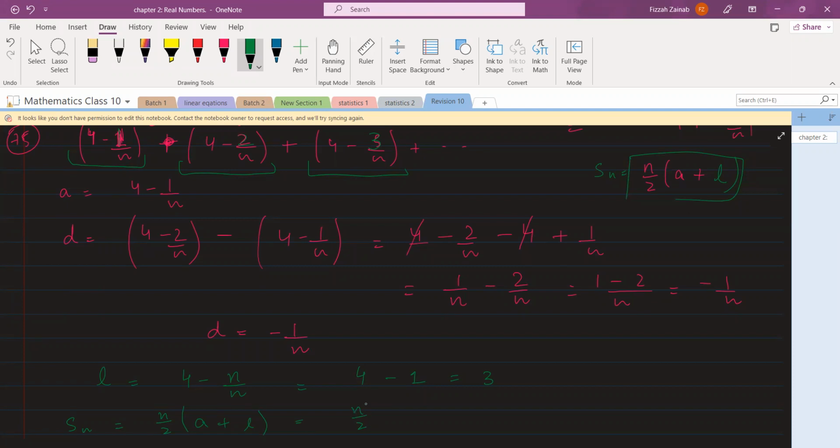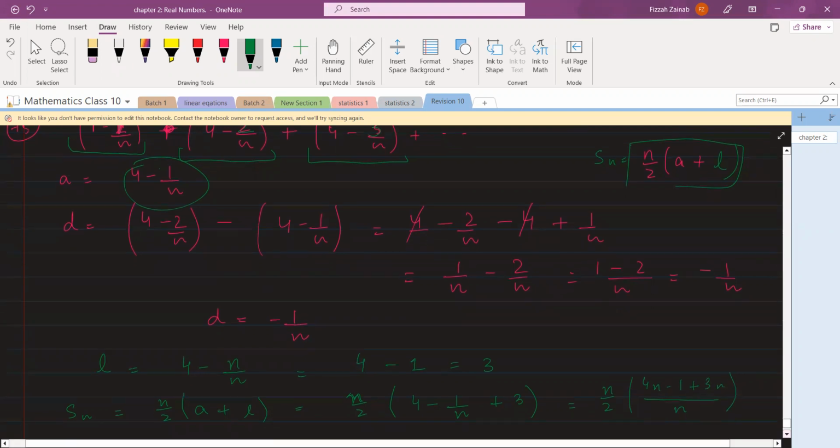See, how many terms there are you don't know, but the last term you know. So you will keep this n. Now a, the first term, was 4 minus 1 upon n. So 4 minus 1 upon n plus l, so plus 3. Then you can take LCM and solve it. So n by 2, now here take LCM n. So this is 4n minus 1 plus 3n. Right?